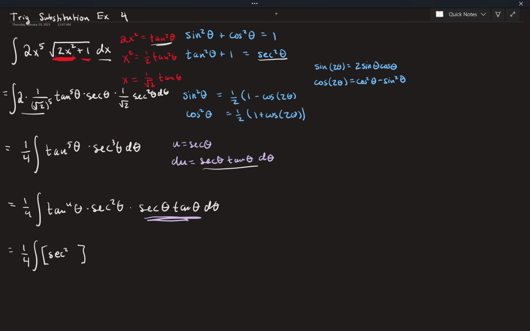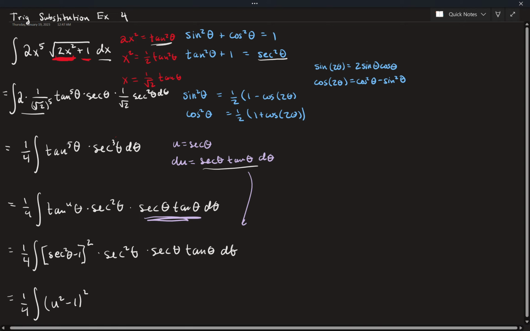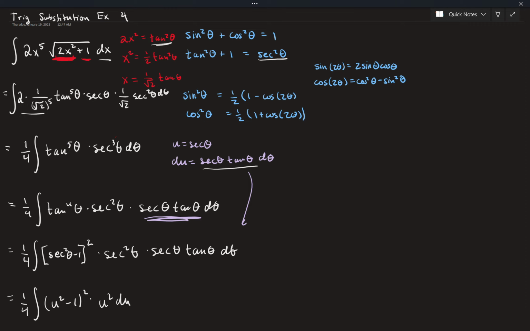So secant squared minus 1 is tangent squared. And when I square that, I get tangent to the 4th, secant squared theta, secant theta, tangent theta. And now I'm ready to plug everything in. This gives me 1/4 integral u squared minus 1 squared times u squared du.